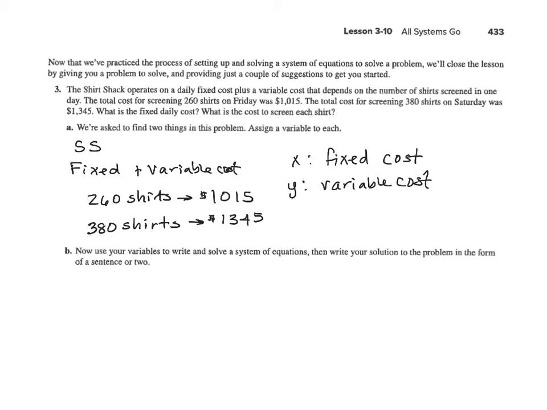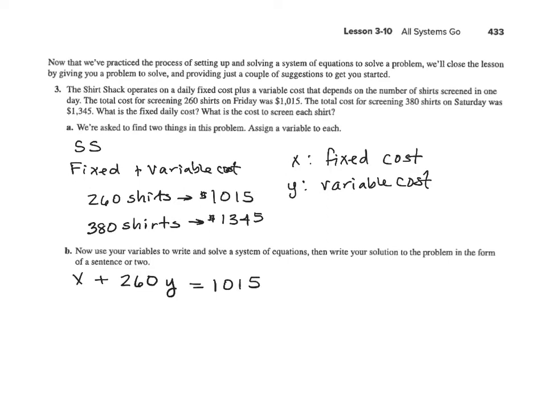Well, we don't know the fixed cost, but we know we start out with that. And we don't know the variable cost, but we know that if we printed 260 shirts times that variable cost, so fixed cost plus 260 times the variable cost, it cost $1,015.